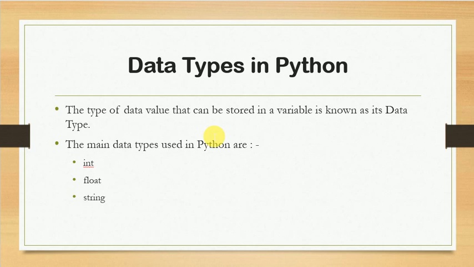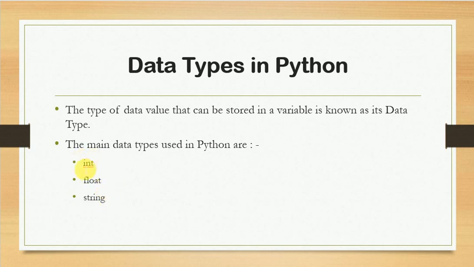So to represent various types of real life data, a programming language provides a way and facility to handle these, which are known as data types. The main data types used in Python are int, float, and string.